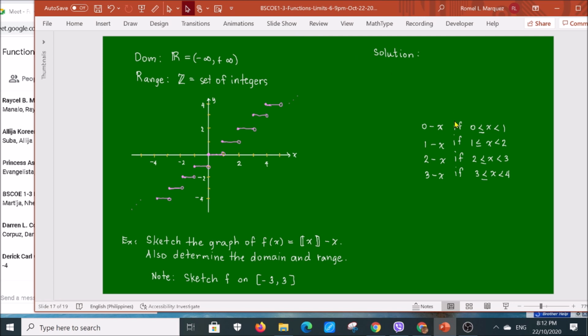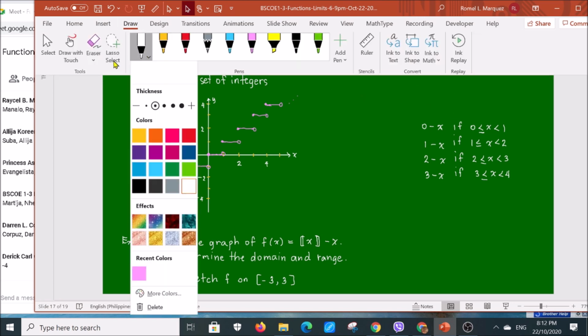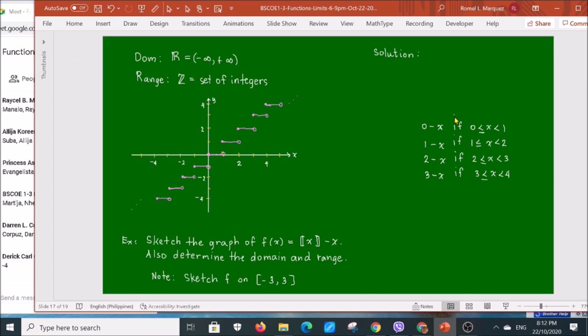Yung iba, tulog na. If x is between negative 1 and 0, including negative 1. And then we have, you know already the trend, no?